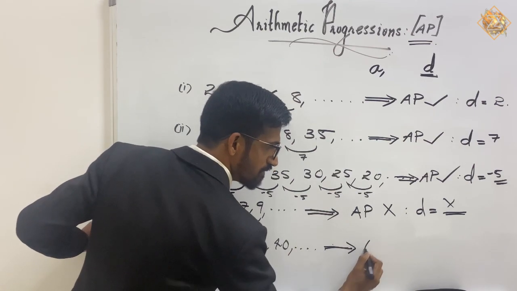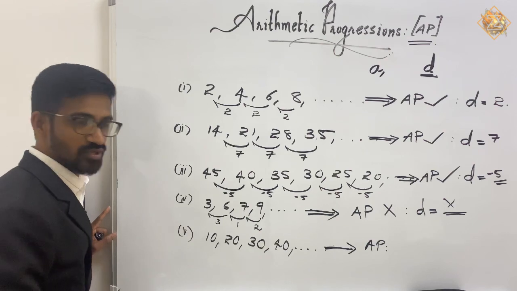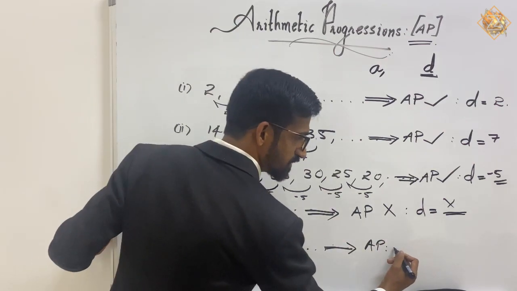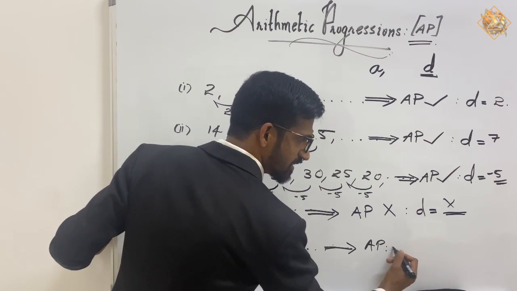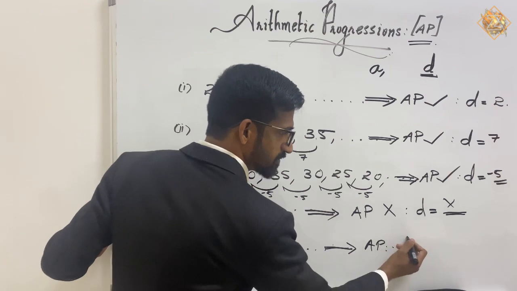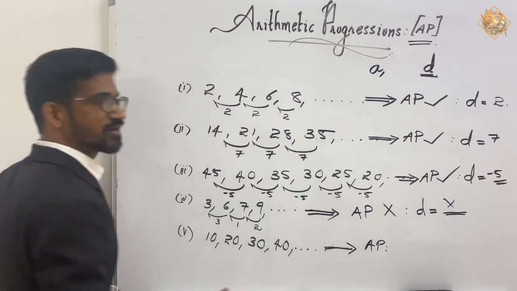So I think you can try this. Just check whether this list of numbers forms an AP. If it forms an AP, you can write a tick here, or if you're not getting a fixed number as a common difference, you can make a cross. Just try yourself, students. Hope you understood.